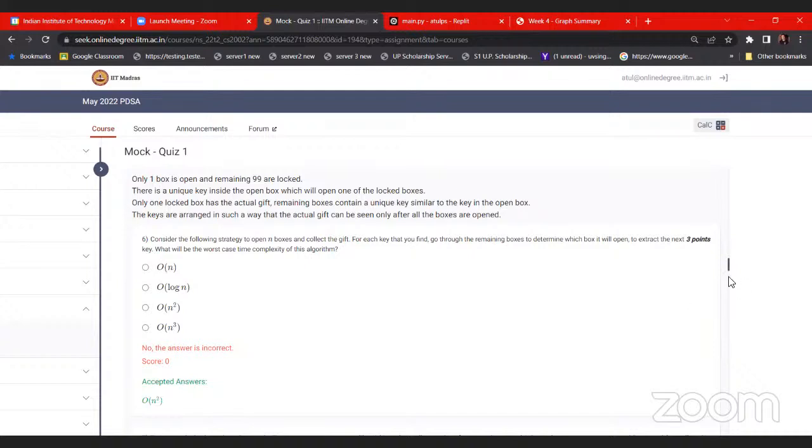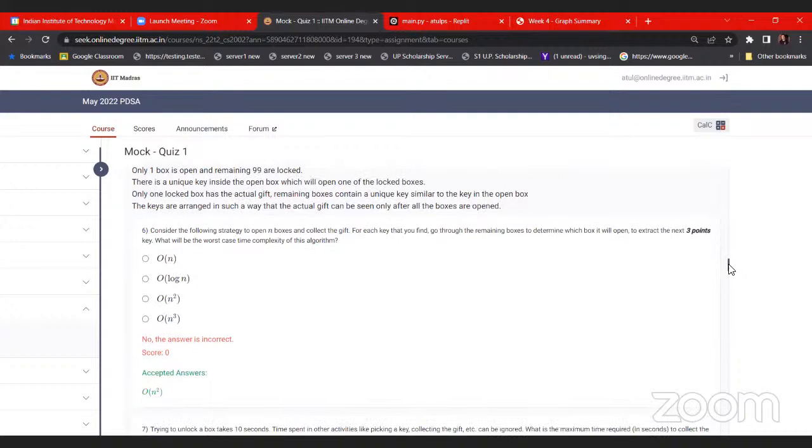Box 2 we will do in n-2 iterations. So for each box, it is going n-1, n-2, n-3, likewise a series. So overall the time complexity would be n into n-1, n-2, like that. So n squared minus n plus some constant.